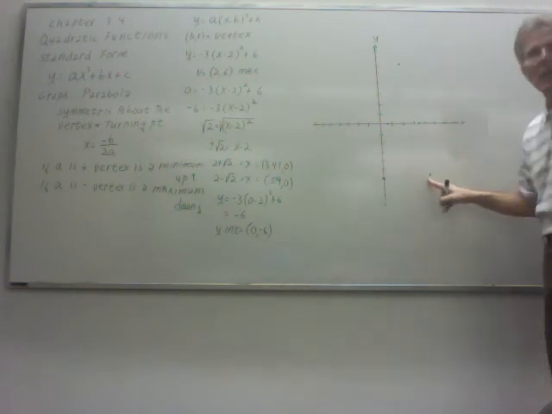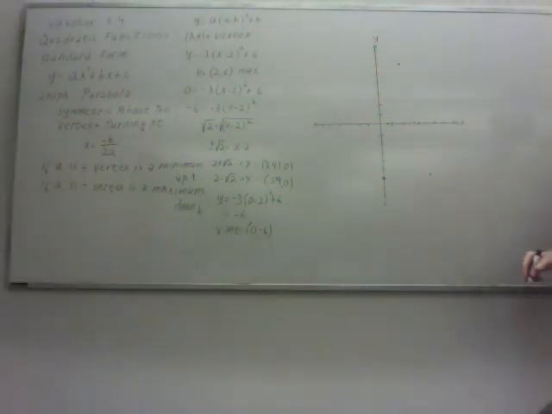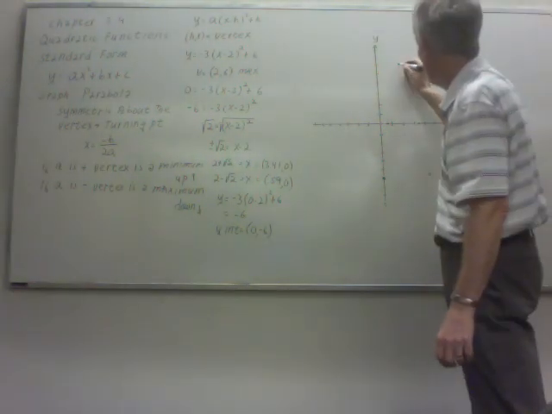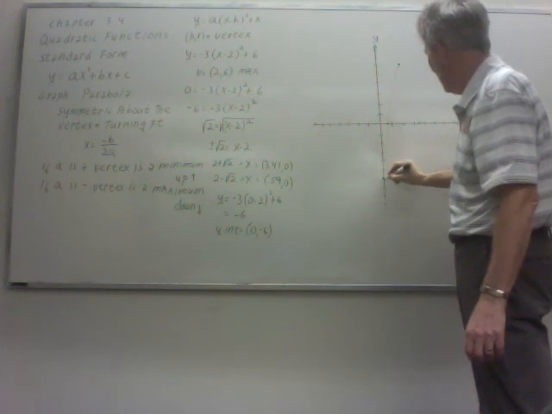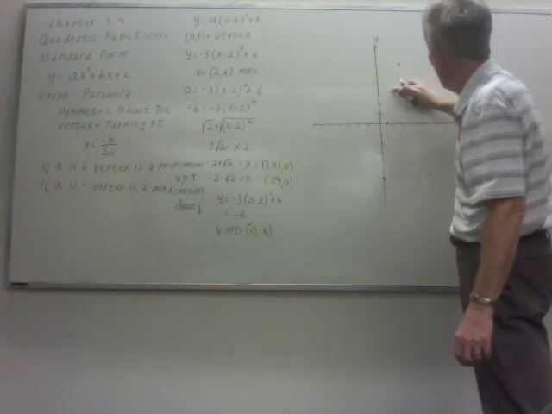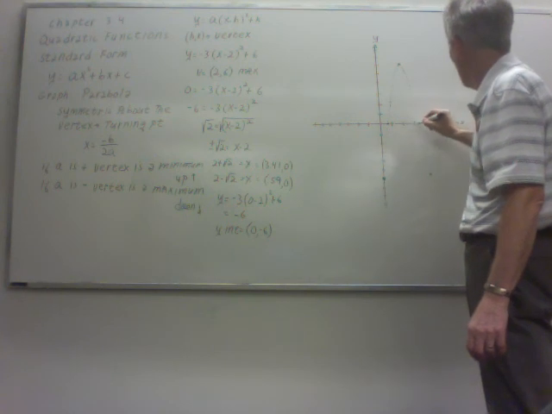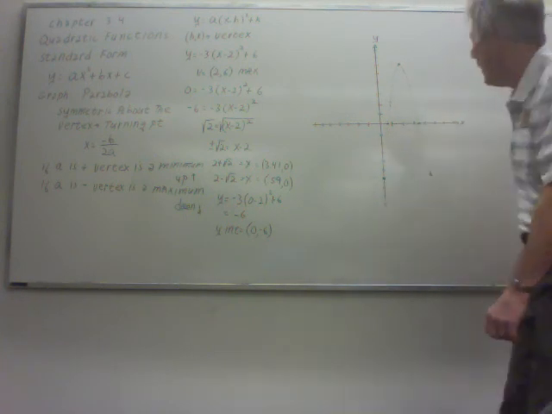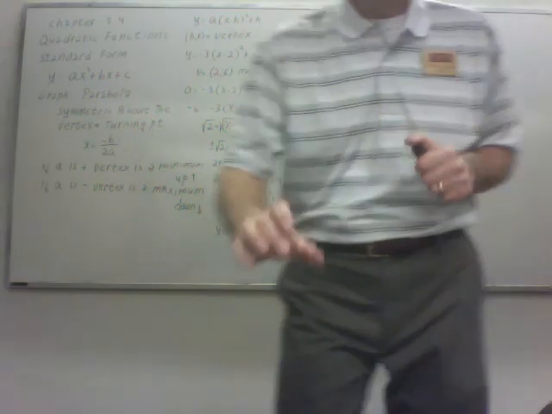This point is here because this point is here, because parabolas are symmetric about the vertex. I'm going to connect these points. When I do, I'm going to get a graph. Bring this up through here, a nice smooth curve, and it comes down through here. There you go. There's y equals -3 times the quantity x minus 2 squared, plus 6.